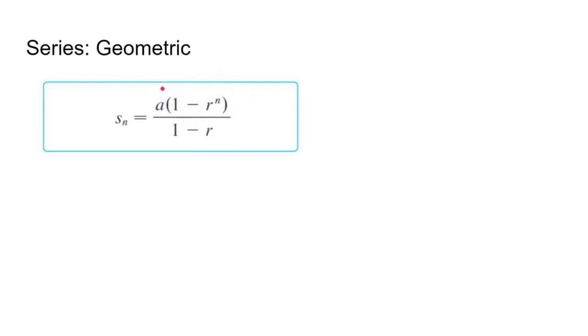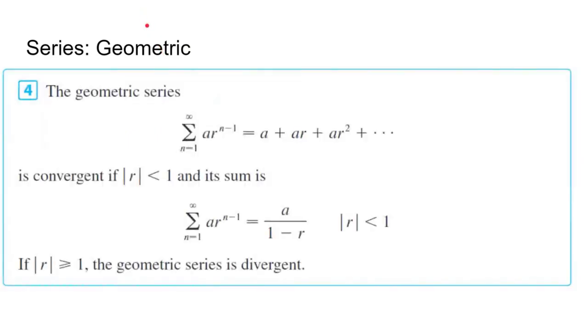So that's just a divided by 1 minus r, which is what we have right here. I always remember a as just the first term of the sequence. So maybe that'll help. And if r is bigger than or equal to 1, then the geometric series diverges. A series that does not converge is said to diverge.